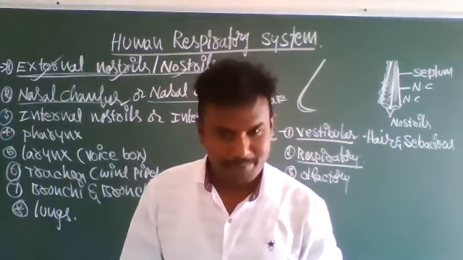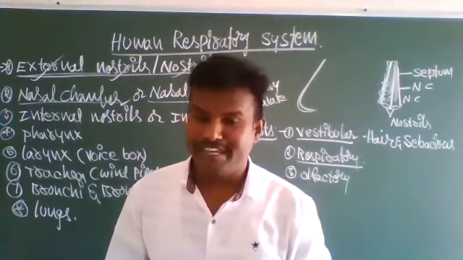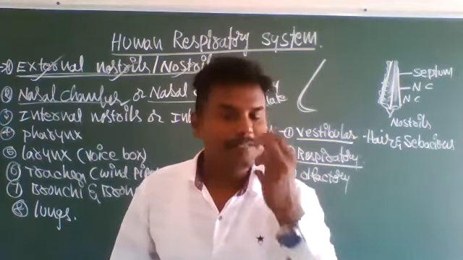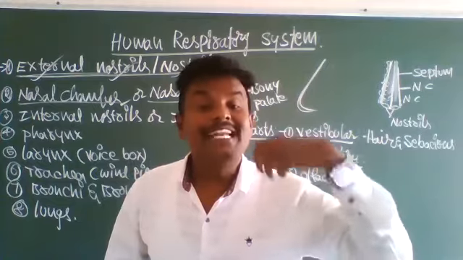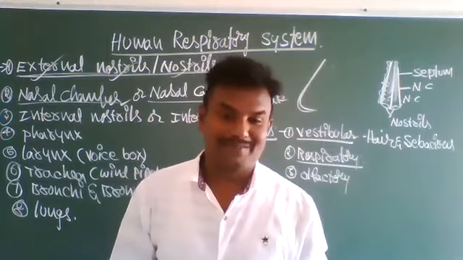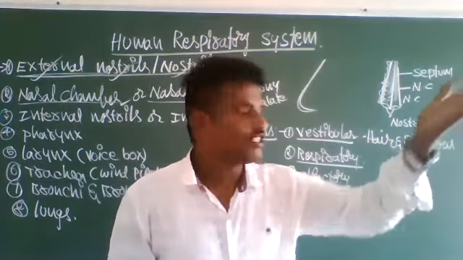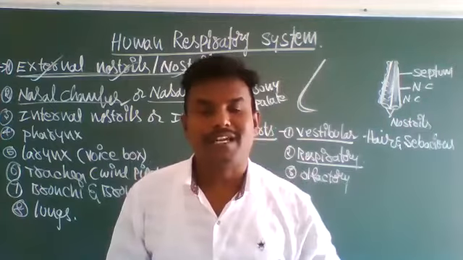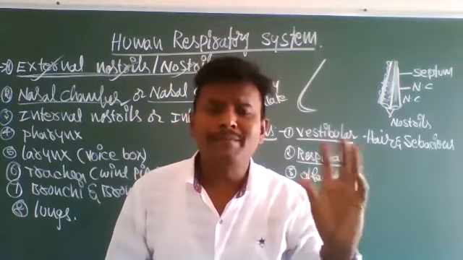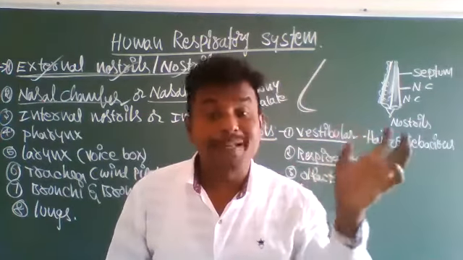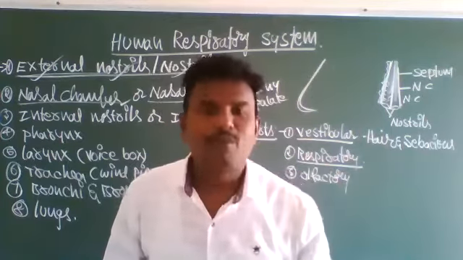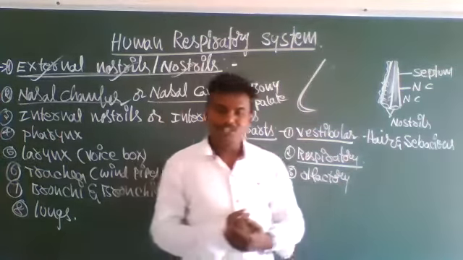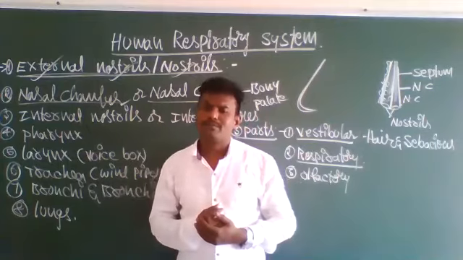Conditioning the temperature of air means the respiratory part controls the external temperature to our body temperature. From the external temperature, oxygen is coming to our inside, so the air is converted into our body temperature. Actually, outside temperature will be more.